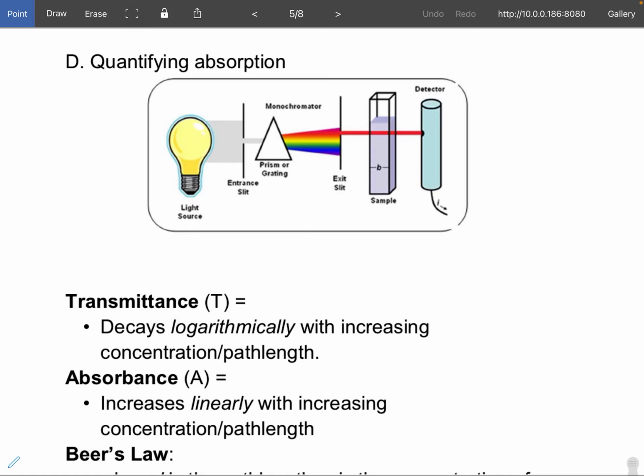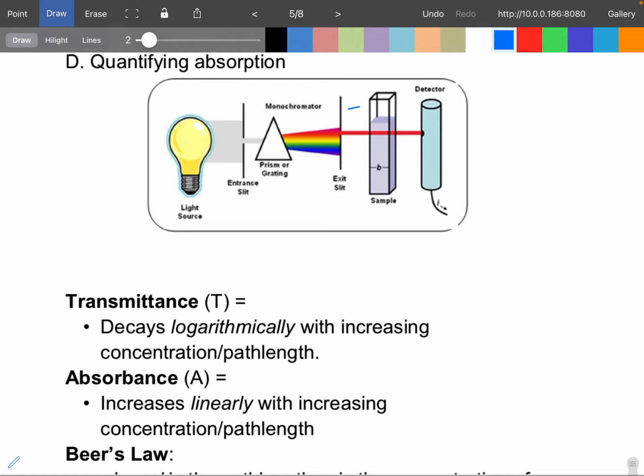We can call that light I0, because it has some intensity, with 0 meaning the initial intensity. It shines through our sample, which has a certain width, a certain distance in this particular cuvette. Sometimes we call that B, or sometimes L, the path length.